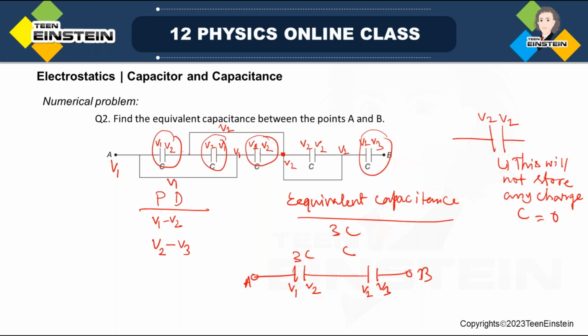In series means the equivalent capacitance will be the multiplication, 3C into C divided by 3C plus C. So this will be 3 by 4 C. So this is how we have to apply this knowledge.